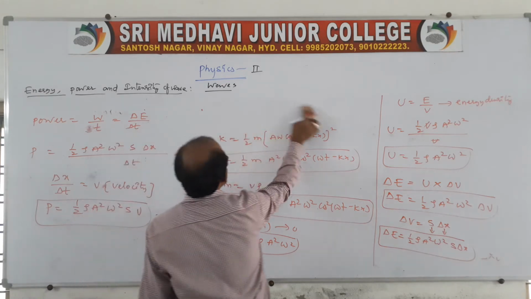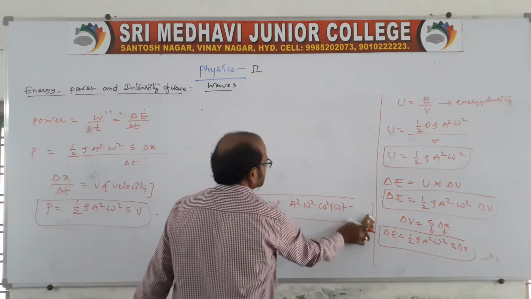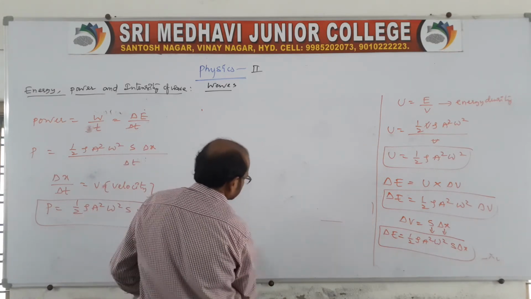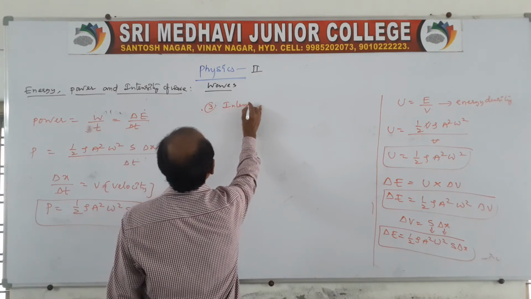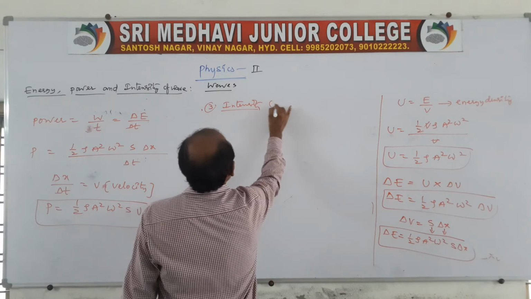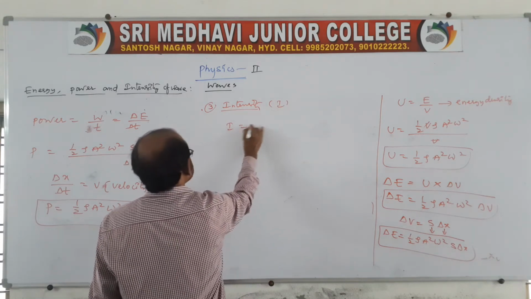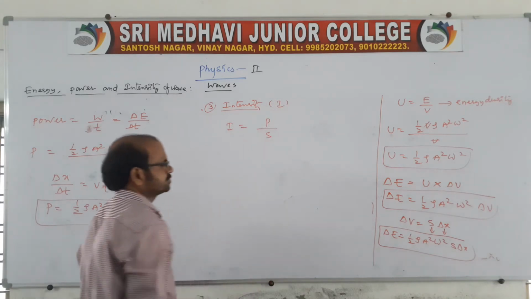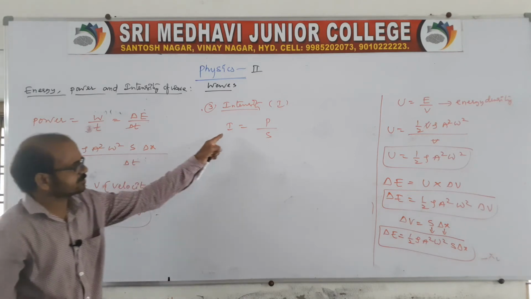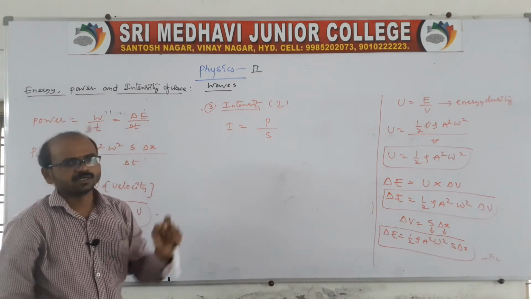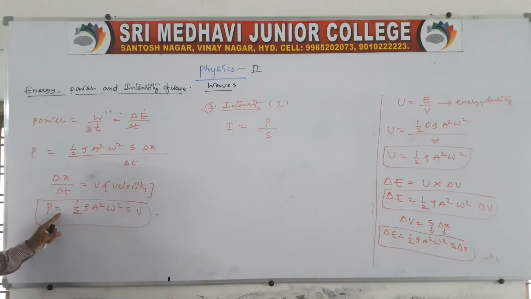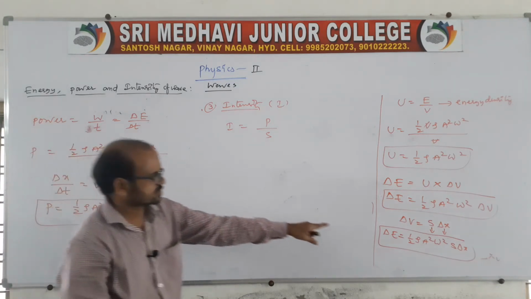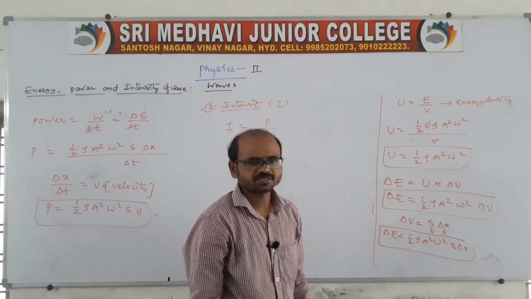Now, last one, intensity of the wave. That is the third one, intensity. We say I. I is defined as power per unit area. You remember, this is there in electromagnetic waves also, because they are waves.